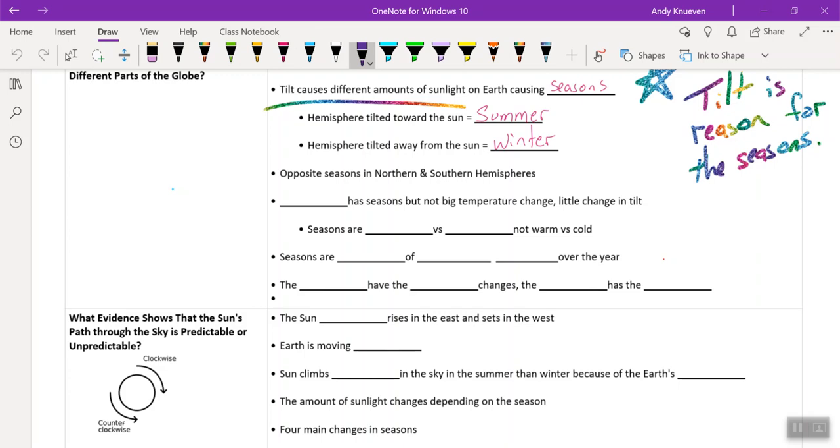So the equator has seasons. They do, but not big temperature changes. Just a little change in the tilt for the equator area. So their seasons are wet versus dry, where ours are warm and cold. The equator is wet versus dry.